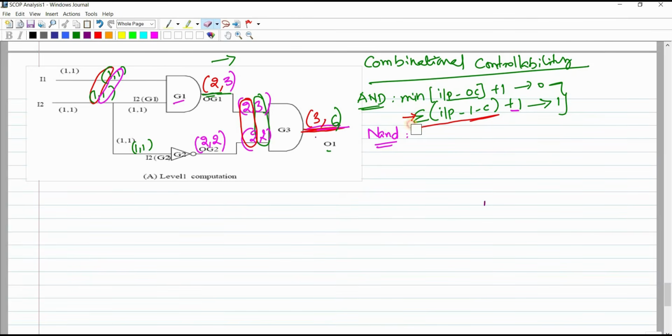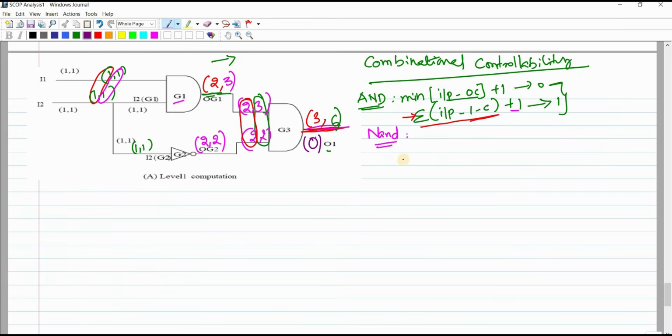Okay guys. So initially, according to the rule, the combinational observability of the primary output is assumed to be 0. So it's a rule.